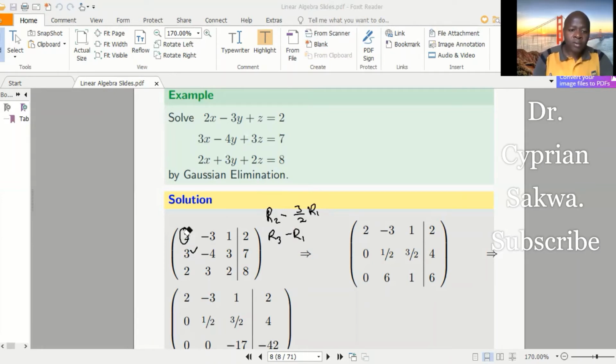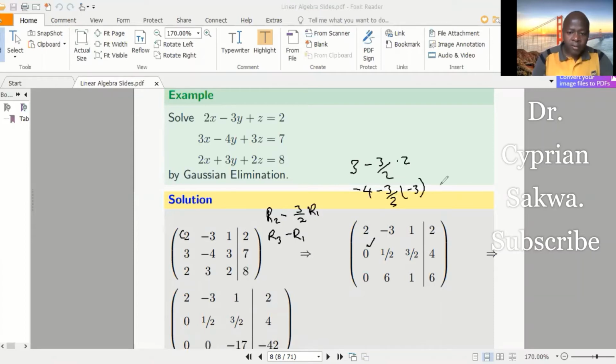So let's cut out those row operations and see what we get. 3 minus 3 over 2 of 2 gives me 0. -4 minus 3 over 2 of -3.